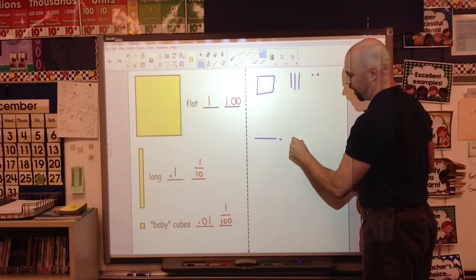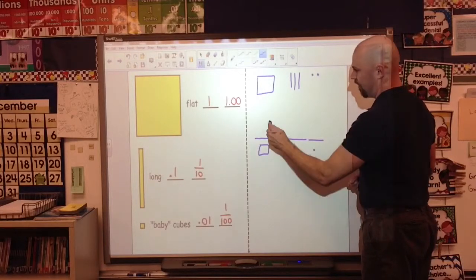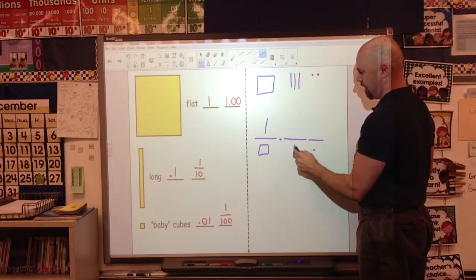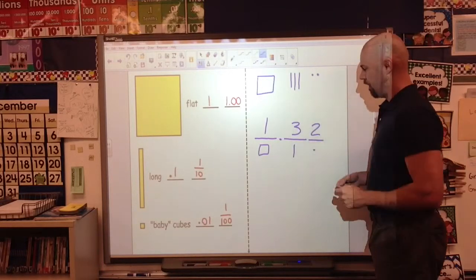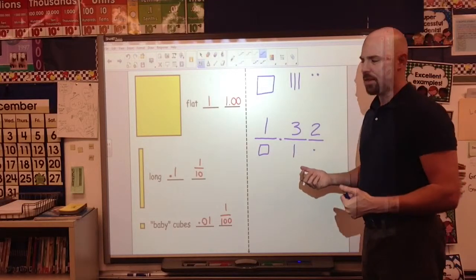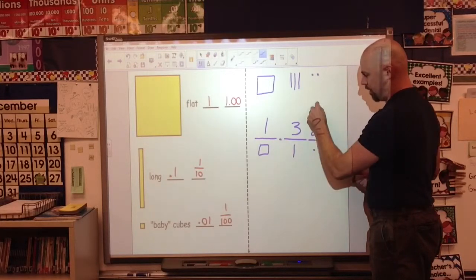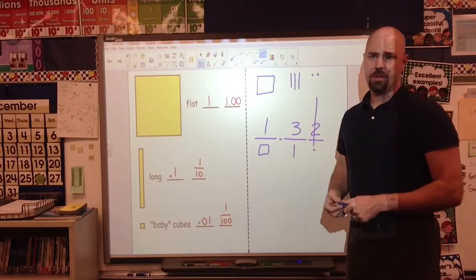And right away they can practice going, okay, I've got 1 flat, I've got 3 longs, and I've got 2 baby cubes. So they learn how to build it, and then you say, okay, let's see if we can speak this. This is going to be 1 and 32 hundredths, because it ends in the hundredths column. And there's your foundation for working with decimals.